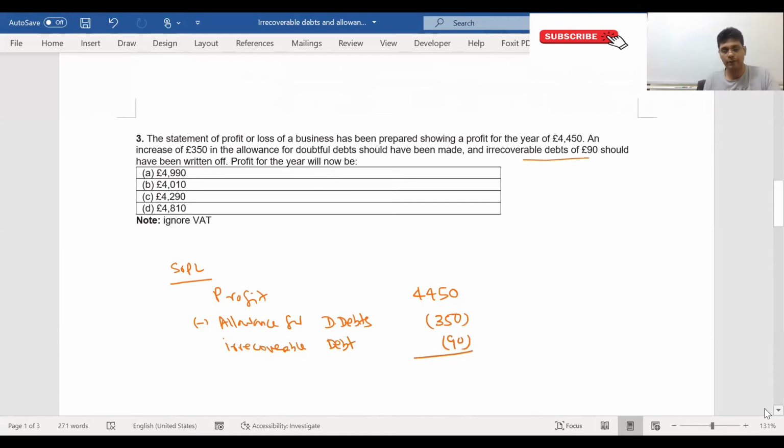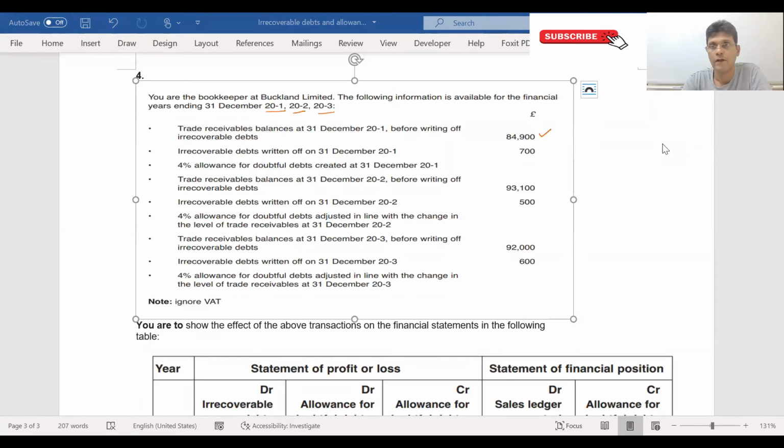So you need to calculate the profit. 4,450 minus 350 minus 90. So that will be 4,010. So therefore the correct answer is B. Now let's move on to the next question.